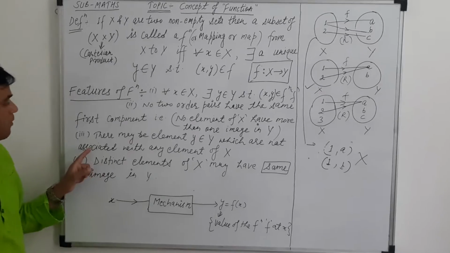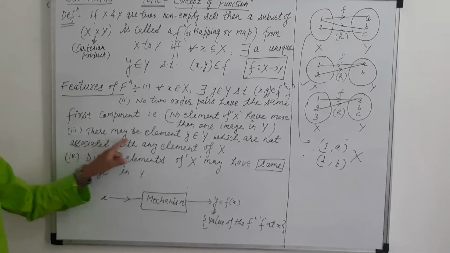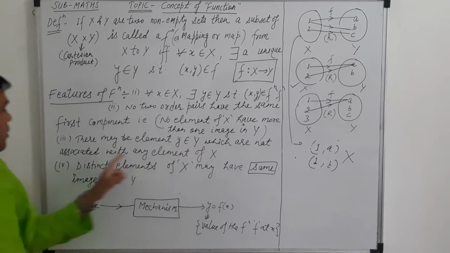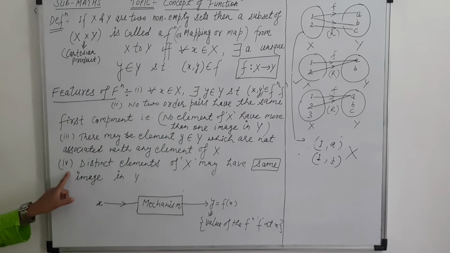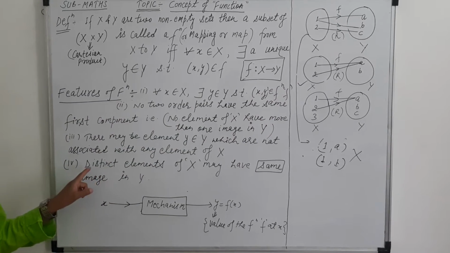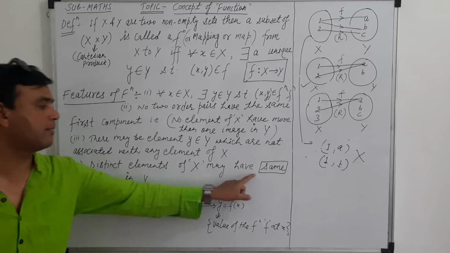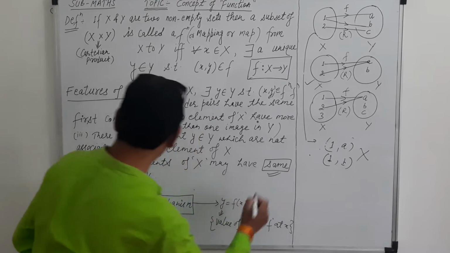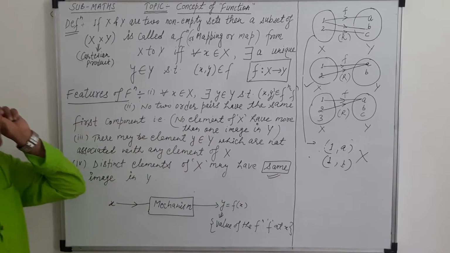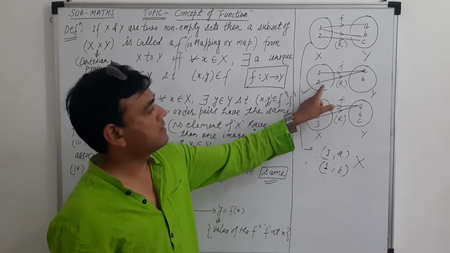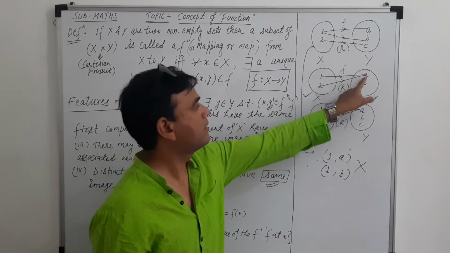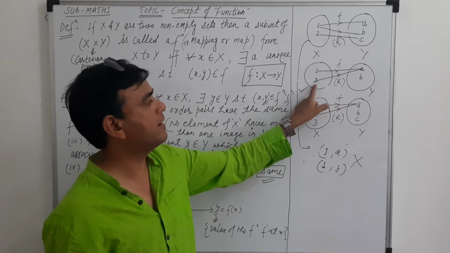Then again the third point: there may be elements of Y which are not associated with any element of X, which we have already covered. The fourth property is that distinct, or different, elements of X may have the same image in Y. You can see that 1 has image a and 2 also has the same image a.